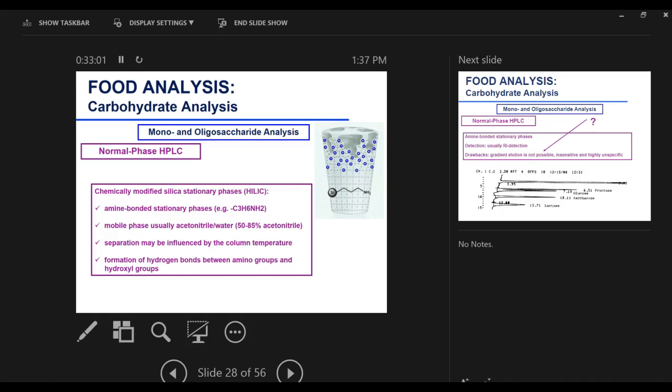Sucrose will elute first? That is completely wrong.